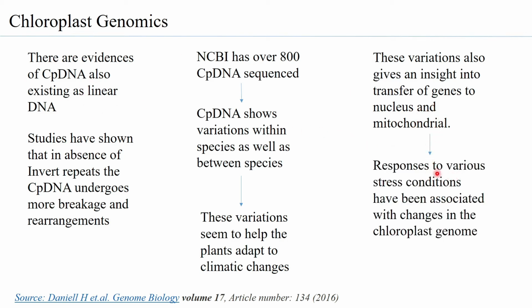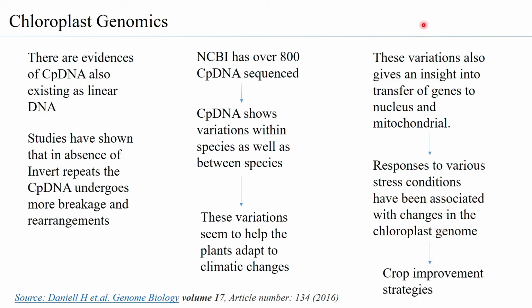And this also refers to the fact that the variations can enable possible tolerance or adaptations to certain stress conditions, and these adaptations happen because of changes in the chloroplast genome.